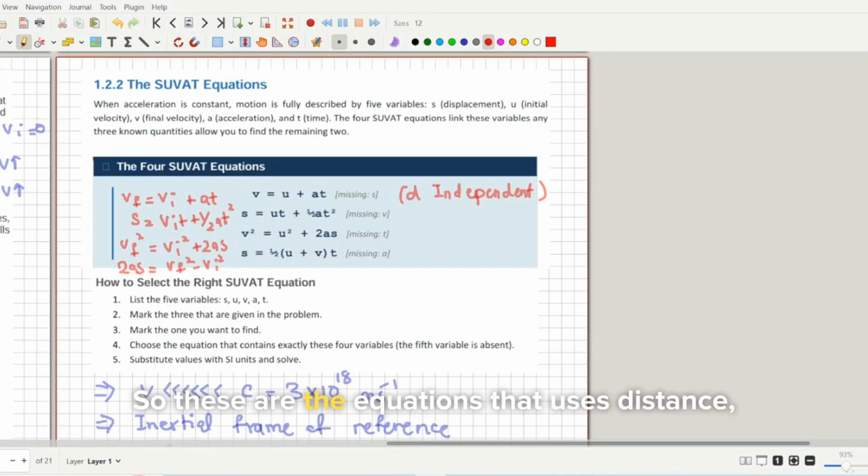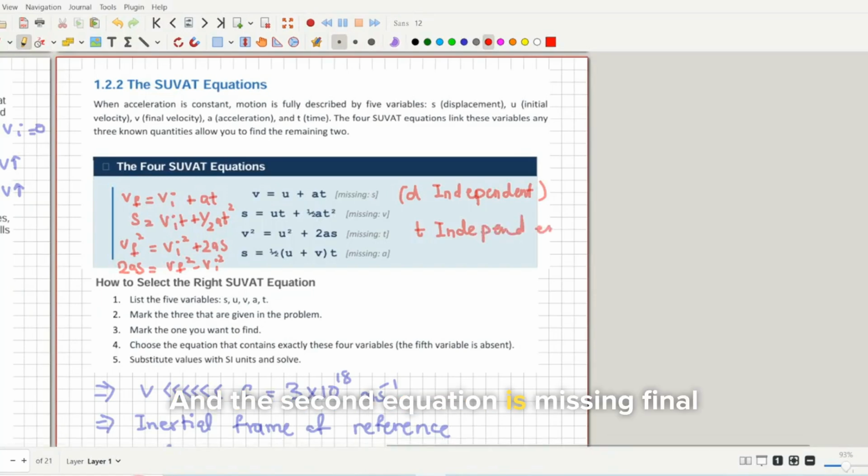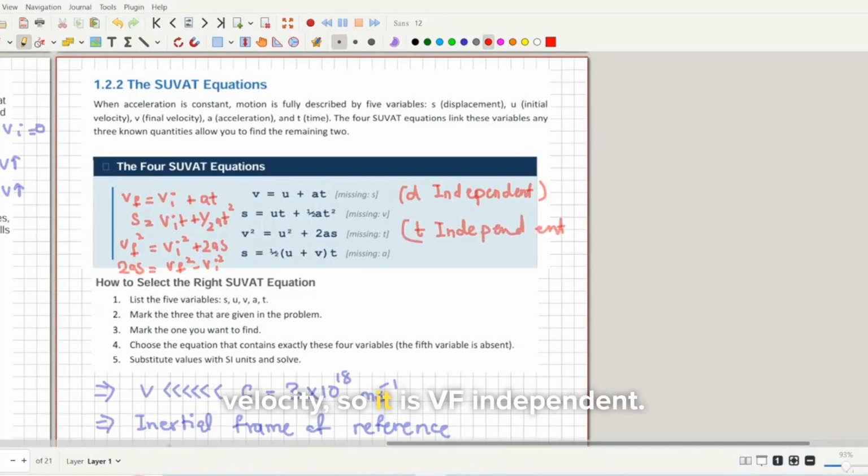So these are the equations that use distance, initial velocity, final velocity, acceleration and time. You can see that the third equation is independent of time, so it is time independent. And the second equation is missing final velocity, so it is vf independent.